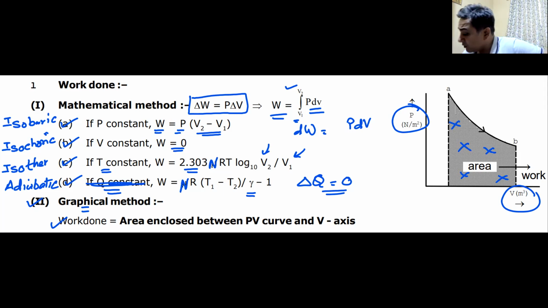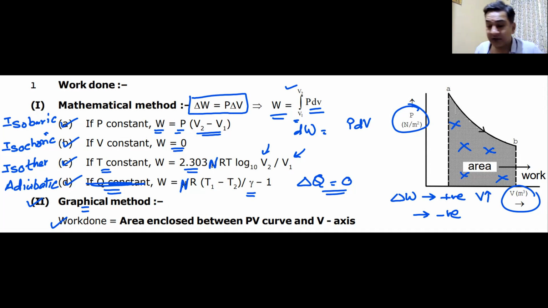One more thing that you must remember is work done. We have a sign convention. It can be positive. Work done can be negative as well. When do we take the work done positive and when do we take the work done negative? For positive work, if the volume is increasing, the gas is expanding.